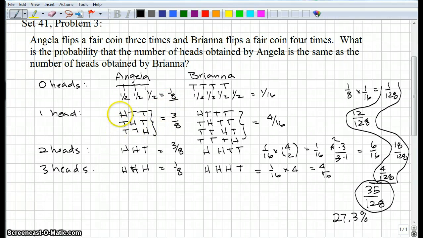And here, where we've got casework, 1 head, 2 heads, 3 heads, and so on, we also have casework within the casework because there was more than one way that you could get one head, for example. So then we added the probabilities. Okay. So this is kind of an advanced probability problem. But anyway, this is your answer, 35 out of 128.